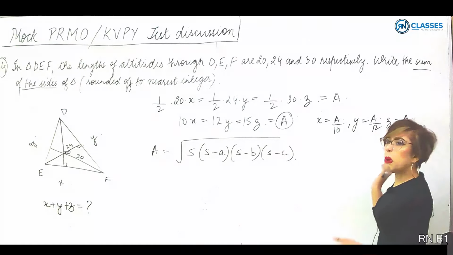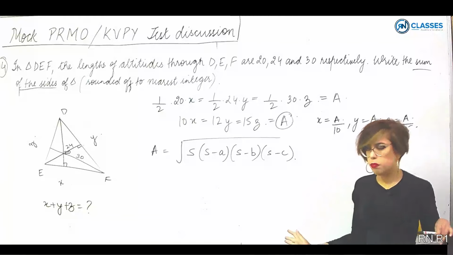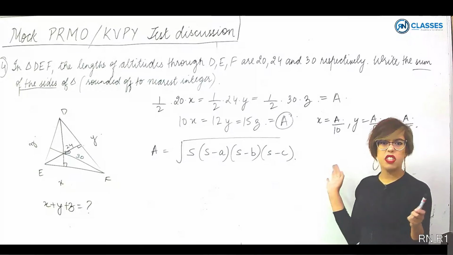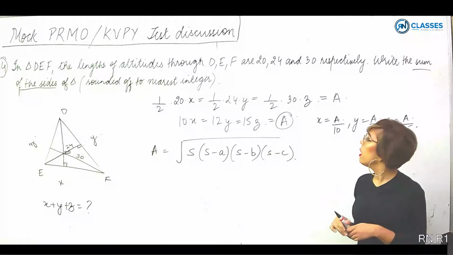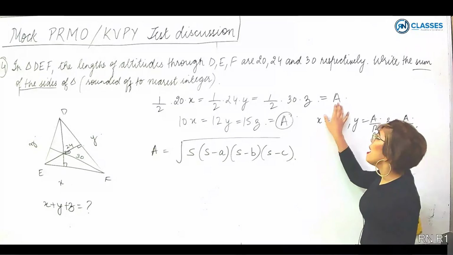The thing is, these denominators are there. I can proceed with this. It's not that big of a calculation, but still fractions are getting involved, and I get a little bit scared, right?